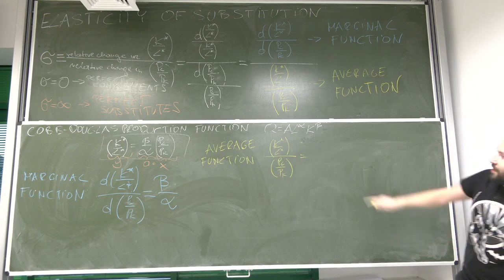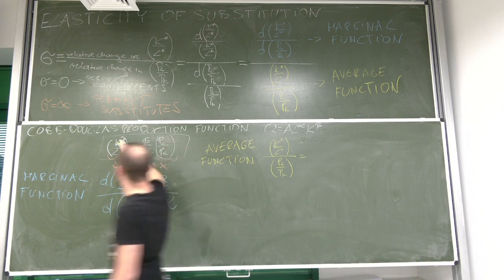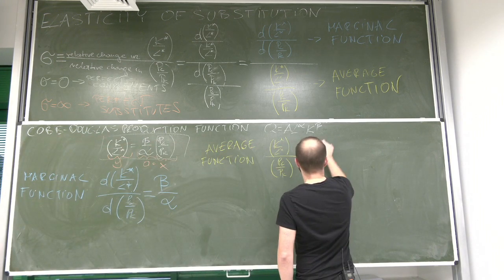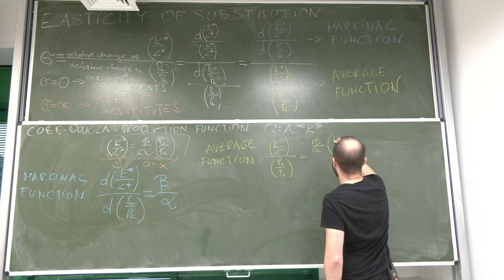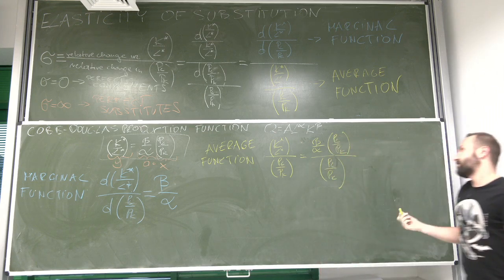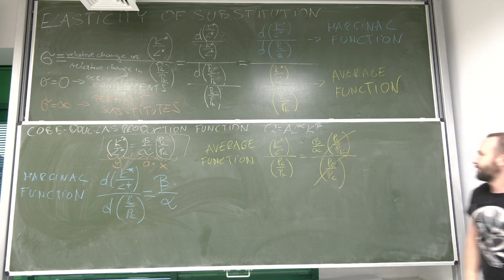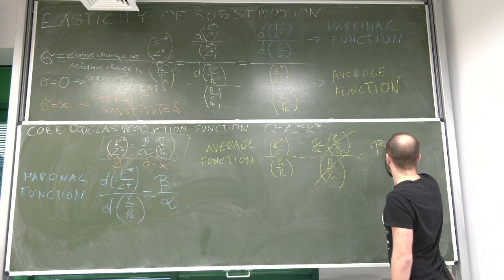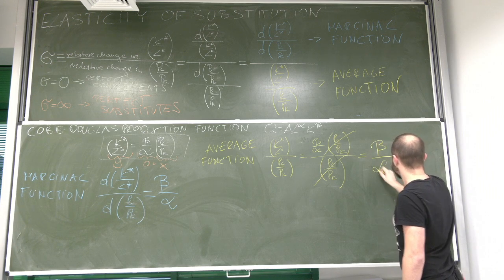Okay, and look, we know the expression for the capital to labor ratio. This is beta over alpha times PL over PK, divided by PL over PK. Well, we clearly see that those two cancel each other out. As a result, we get beta over alpha.